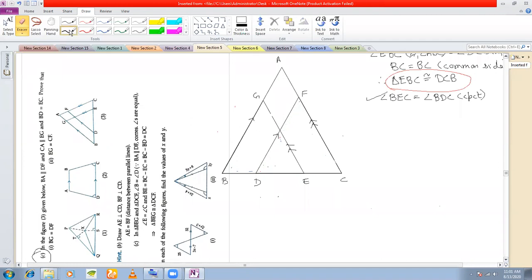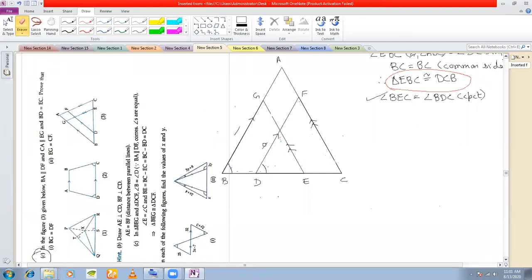Okay, now let's see what are the sides and what are the angles that are equal. You see that in these two triangles, this angle is equal to this angle. Why? Because they are corresponding angles. You see that this side is parallel to this side, therefore these two must be corresponding angles. So one angle I've got to be equal.